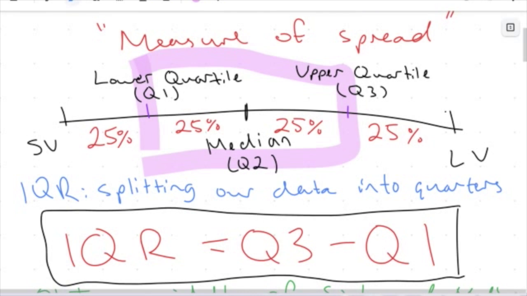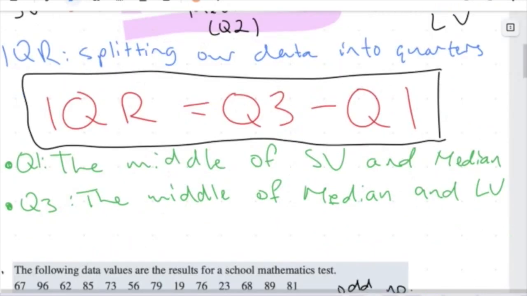Now, how much of my total data is found inside the interquartile range? Well, I have the 25% from my lower and the 25% here between my median and my upper. So the IQR makes up 50% of my data.